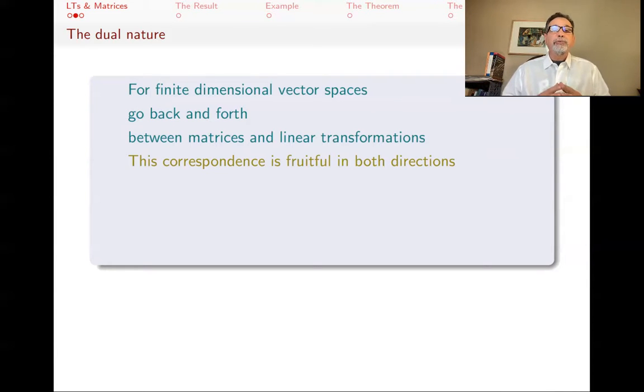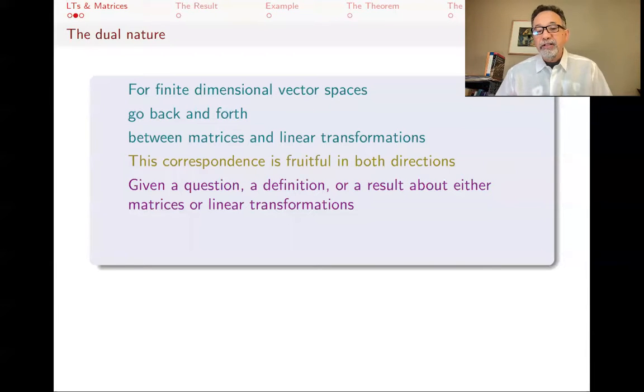And so linear transformations provide a basis-free way of thinking about going from one place to another, whereas matrices rely on bases. And so that's one reason why so many mathematicians privilege linear transformations over matrices. On the other hand, matrices are far superior when it comes to computations and when you want to actually get things done.